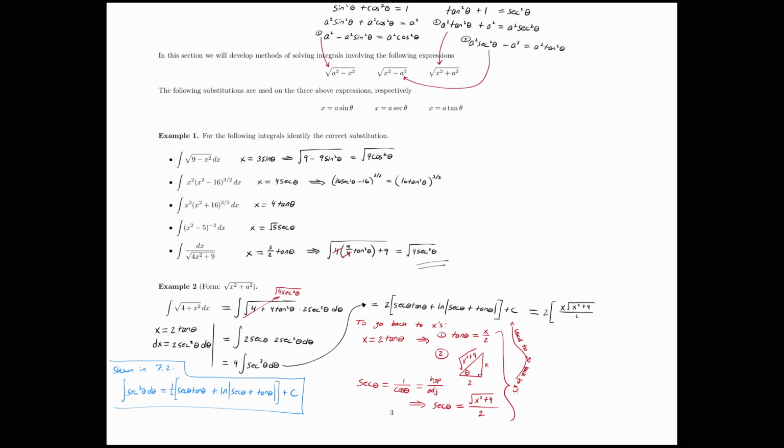Over 4. Plus the natural log absolute value. We're adding secant and tangent together, but they already have a common denominator, so this would be x plus the square root of x squared plus 4 all over 2, plus c. There we have it.